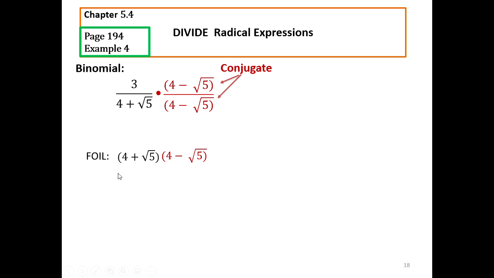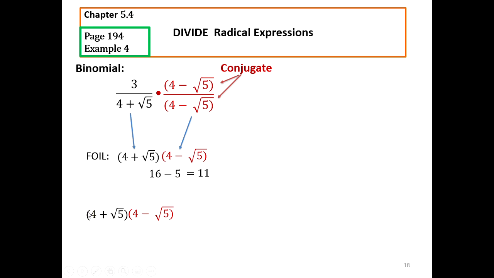So we come here, let's just look at the denominator first. If we work this problem here, we copy this and we copy this. We're going to do FOIL, just to show you. In a minute, I'm just going to tell you that you multiply right now the first and the last. Square root of 25 is 5. Notice there will be no square roots, no radical symbol at all. How did we do that?